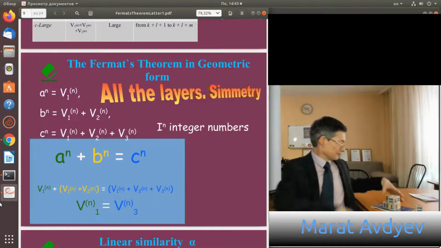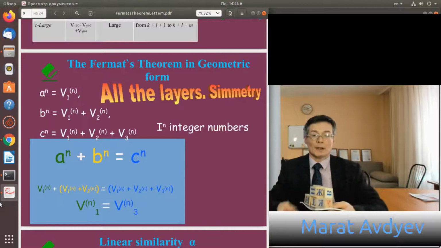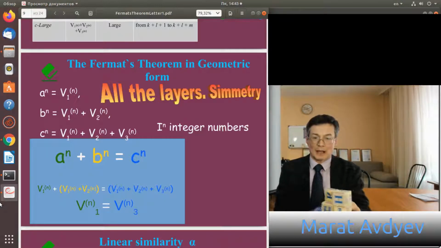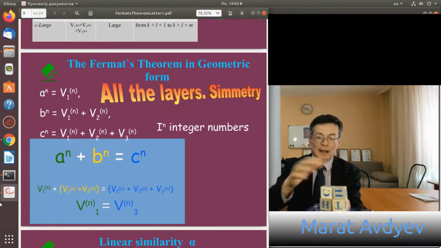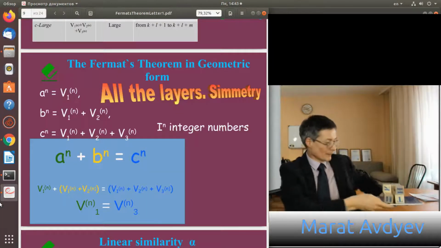For instance, this is not a hypercube. This is a hypercube, dimension 3. But this is layer S1 in our notation.